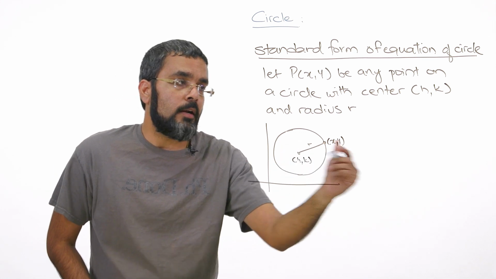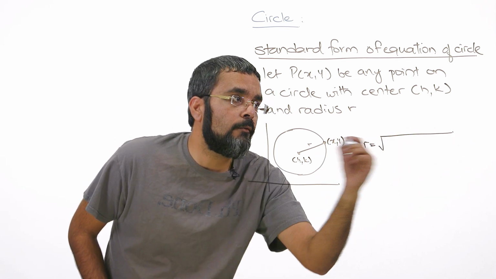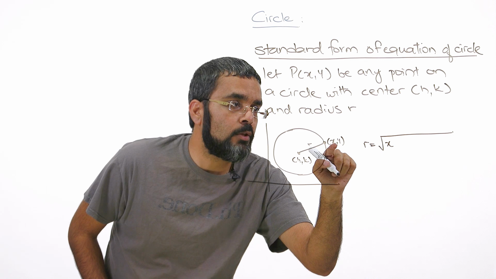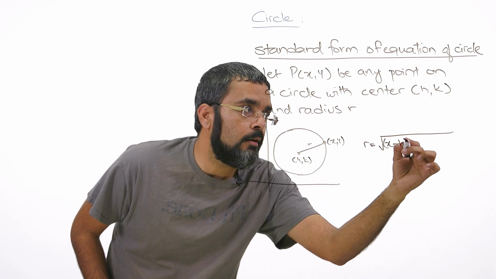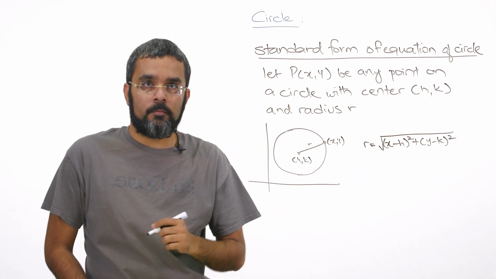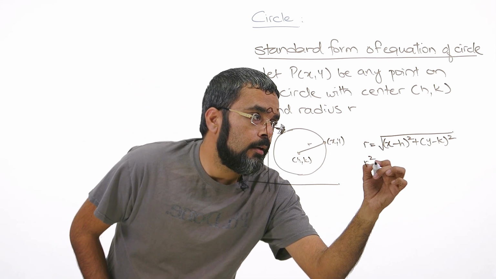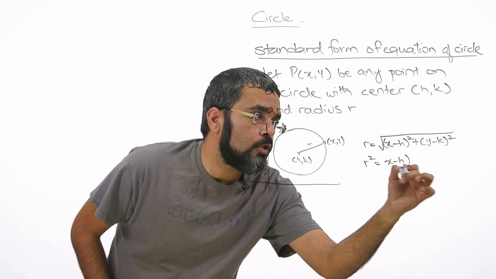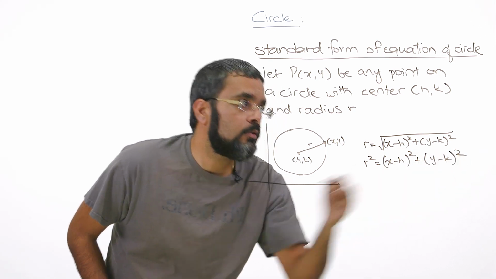So how can I write r? Well, I know that r is going to be the square root of x1 minus x2 squared plus y1 minus y2 squared, which in this case is x minus h squared plus y minus k squared. Now I'm going to go ahead and square both sides. So I get r squared equals x minus h squared plus y minus k squared.